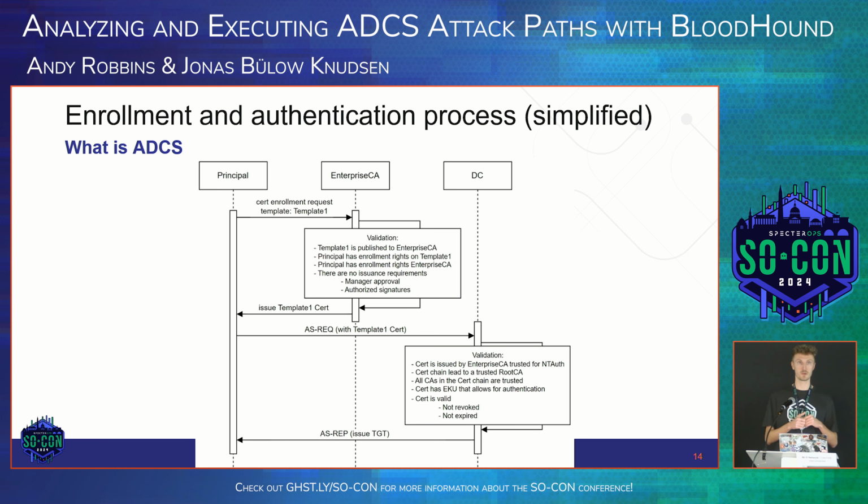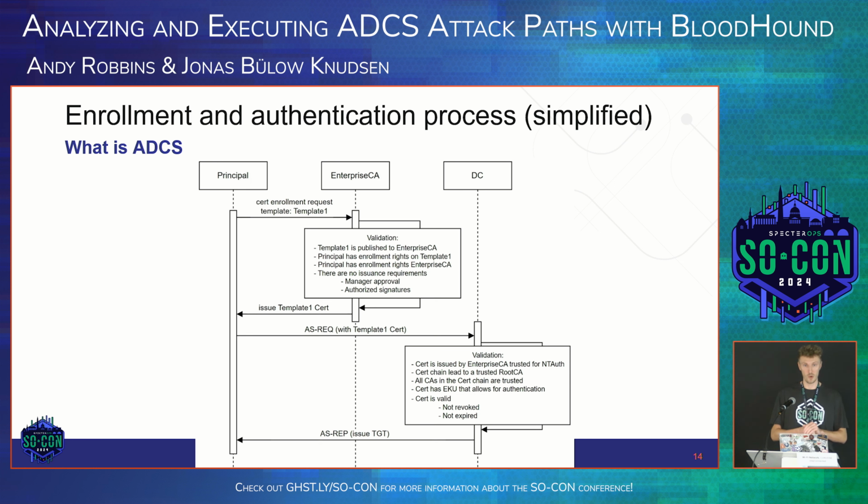Then, if I want to use this certificate for authentication, let's say over Kerberos or PKINIT, I'll present this certificate to the domain controller, and the domain controller will verify that this certificate is issued by an enterprise CA, which is trusted for NT authentication.